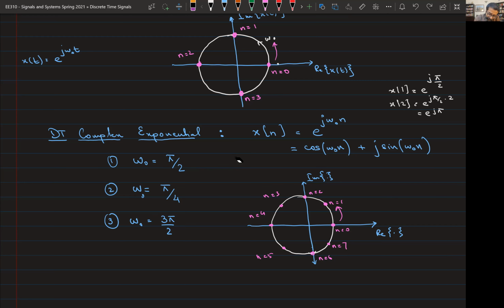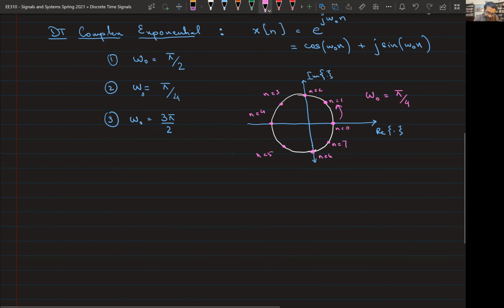Right, so this particular case is omega naught equals pi by 4. This particular case is omega naught equals pi by 2. And let's try the case for 3 pi by 2.